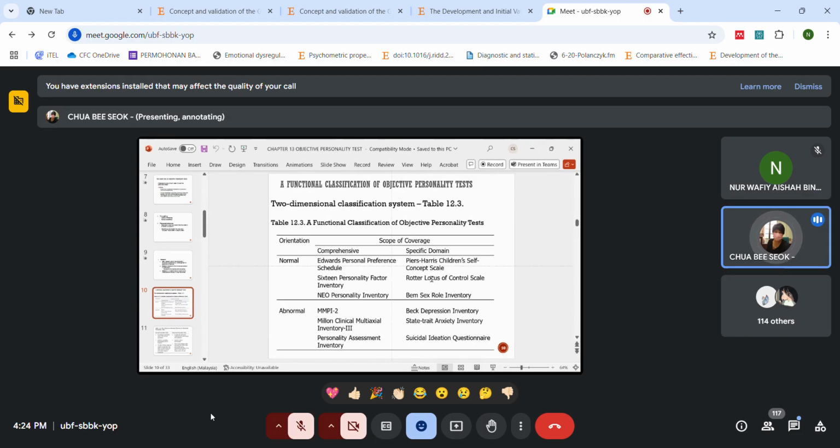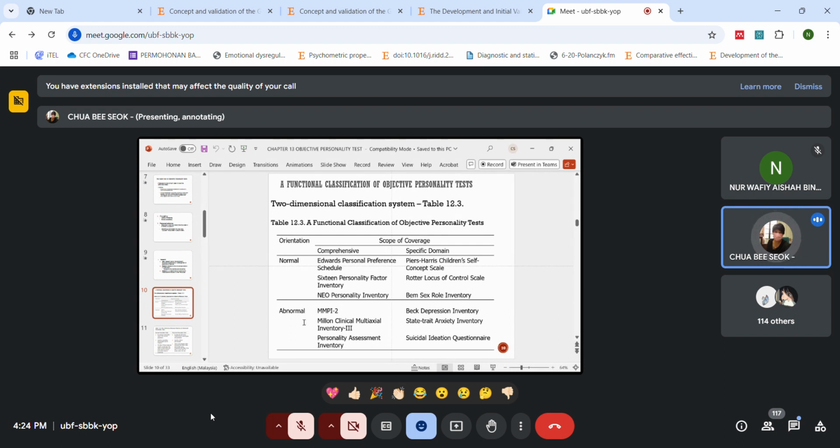The Locus of Control scale only measures locus of control. And the Bem Sex Role Inventory only measures gender, or sex role, right? So these are specific domain.